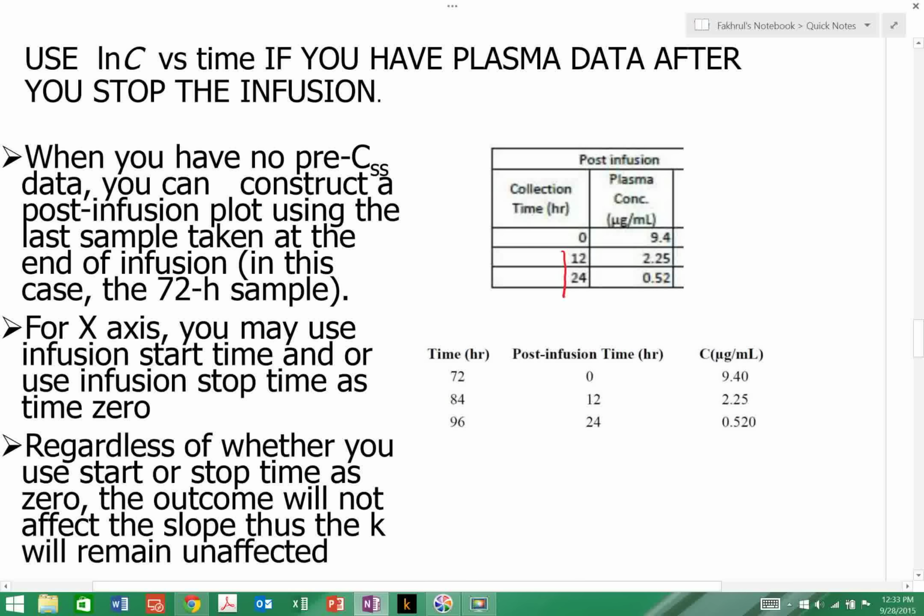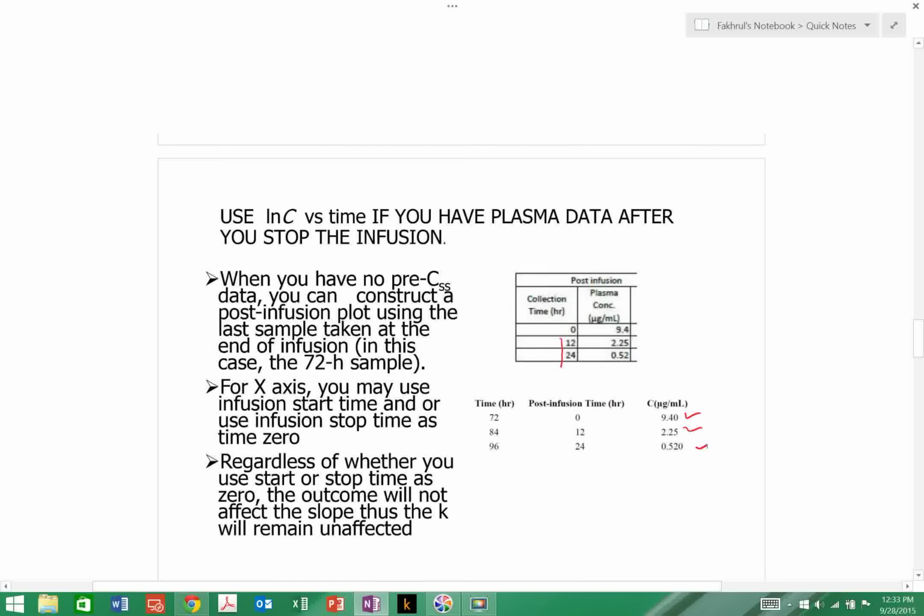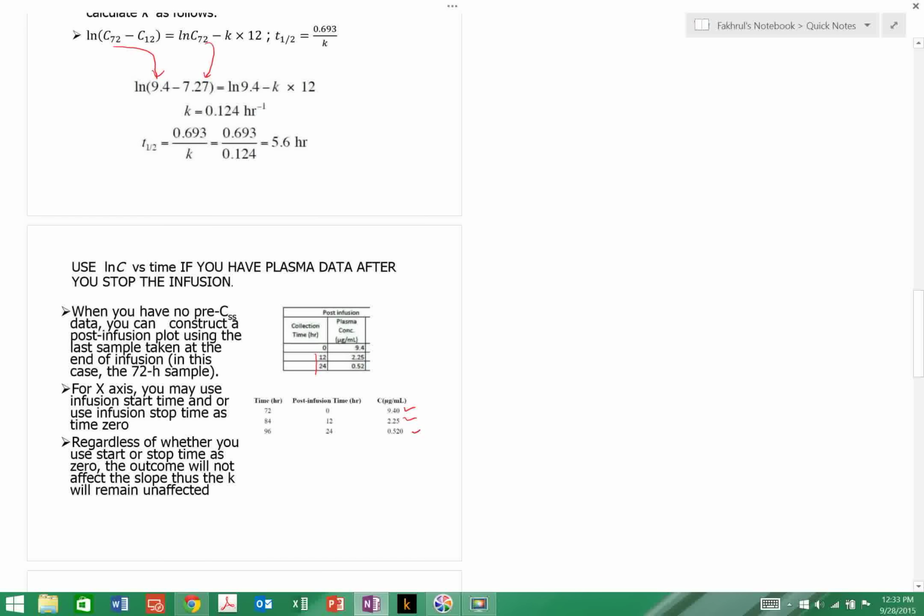In that case you can use these concentration data and plot against time. So for time you could use two ways. One is this, use log concentration here, and you can use directly this post infusion time. Post infusion time, that means you can use 0, 12, 24, or you can use that initial constant time point.